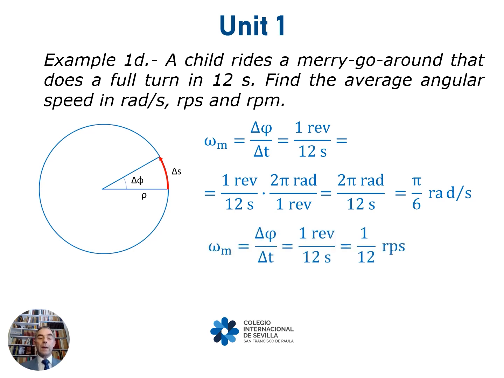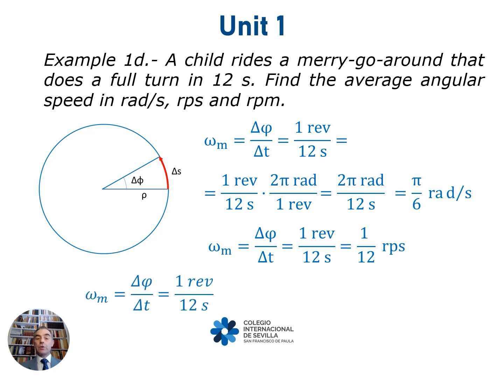To calculate the angular speed in the other units, we again consider that the angular speed is the angle swept divided by the time it takes to sweep it. One revolution in 12 seconds is 1/12 revolutions per second.